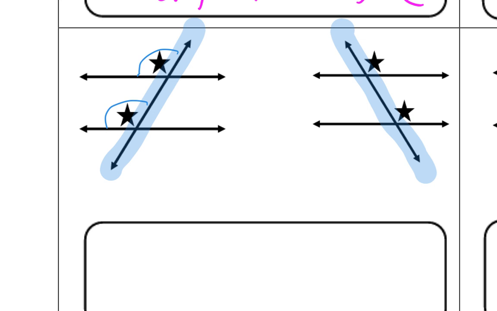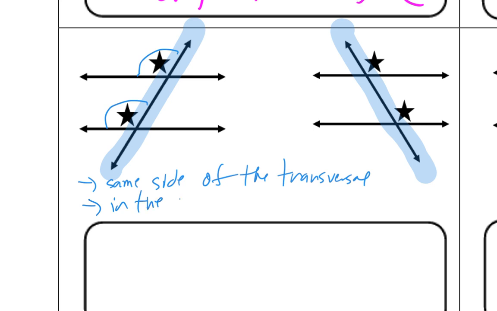They're on the same side of the transversal. They're both on the same side of the transversal. And here's the main thing. They are in the corresponding, so the same corner.